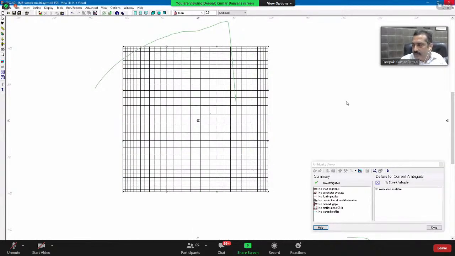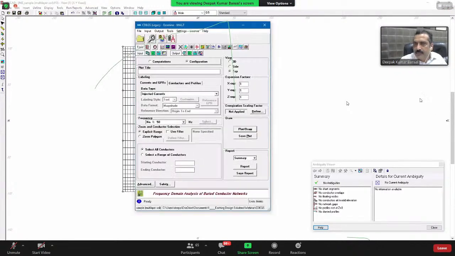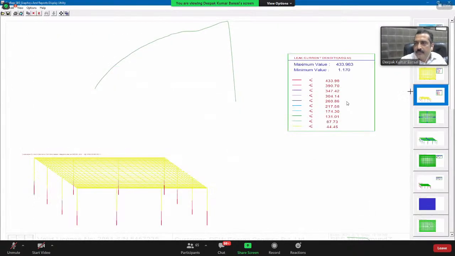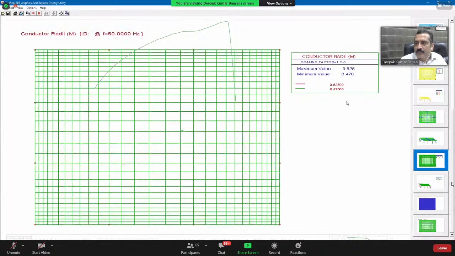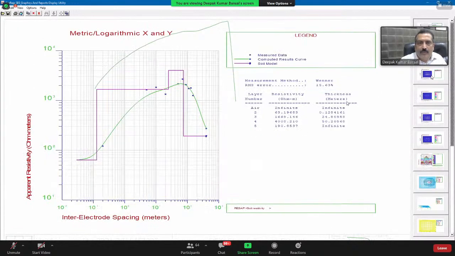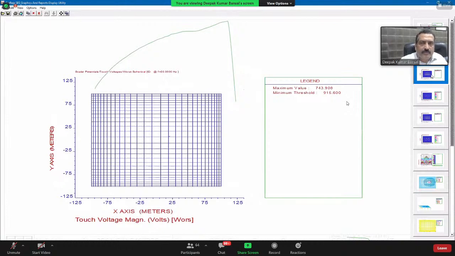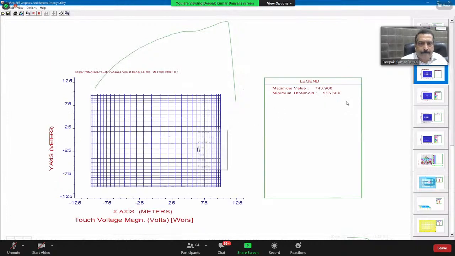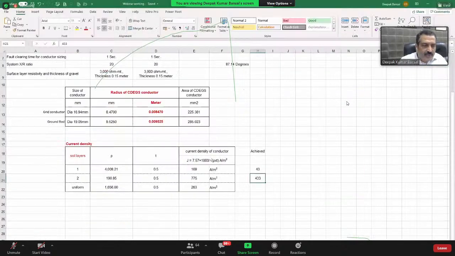So I will save one more graph from here. These are touch voltage plots that I will save, so that when we do it with average soil resistivity, we can see the difference.